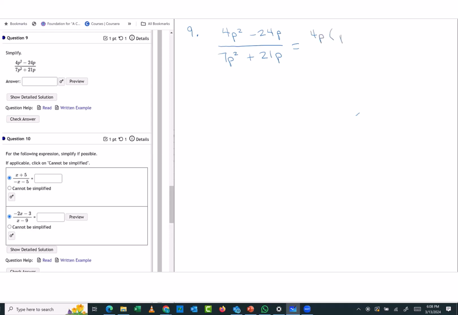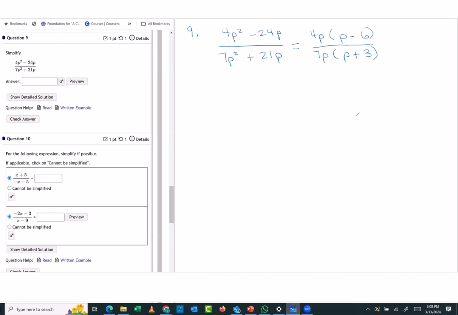And I can then say this is times p minus 6. And if you multiply this back and distribute, you get 4p squared minus 24p, divided by 7p times p plus 3. And now I have it as factored as I can make it.